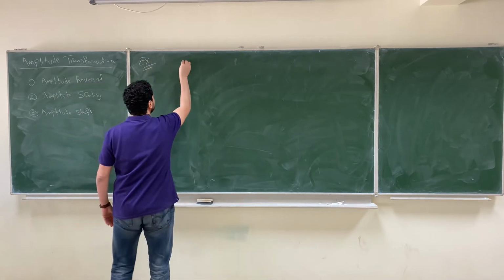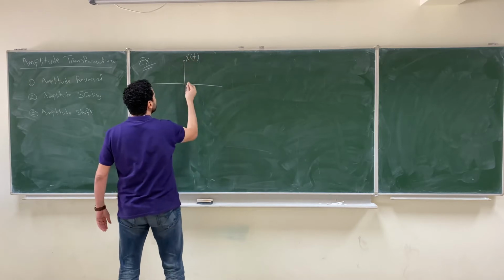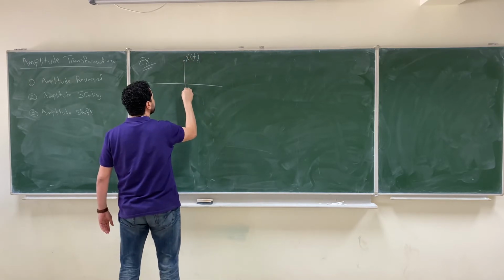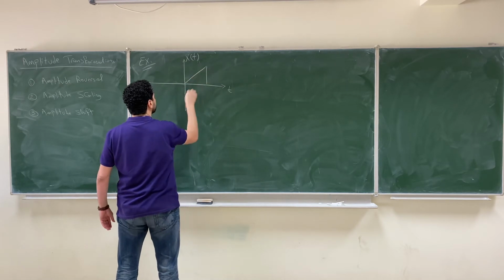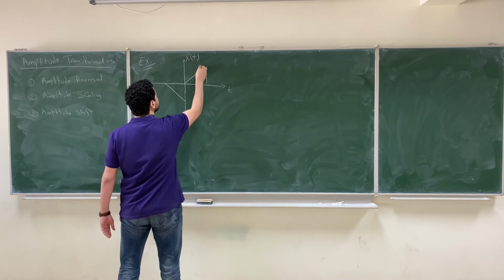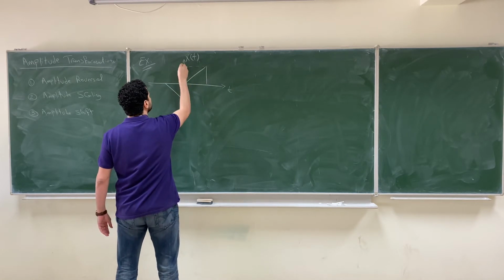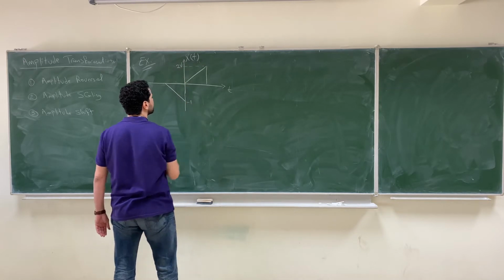where we have a signal x of t. This signal you can take the shape something like this. Let's say this is 2 volt and this is -1.